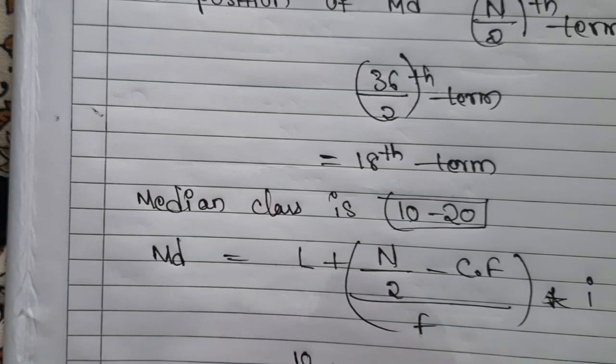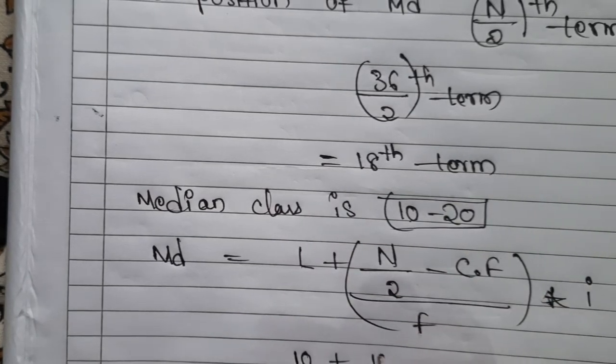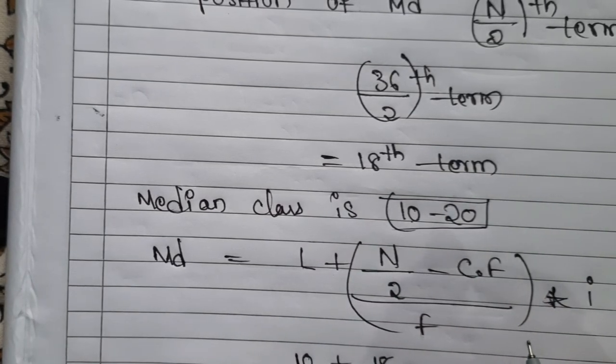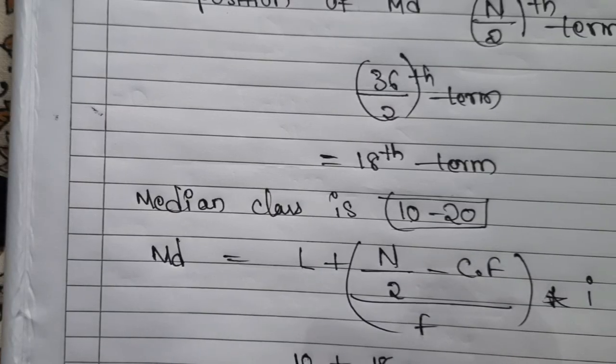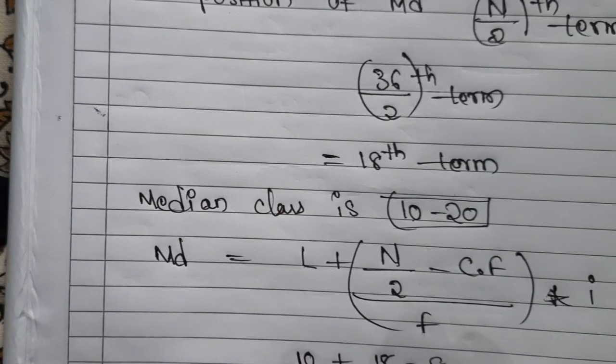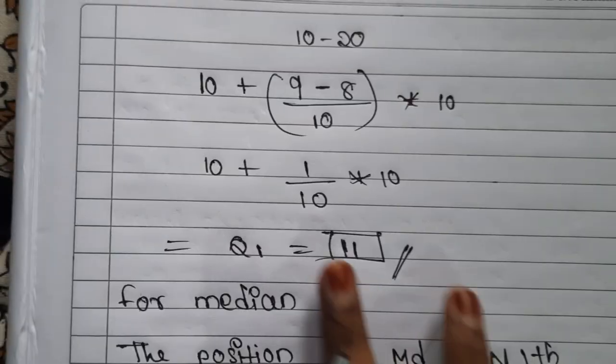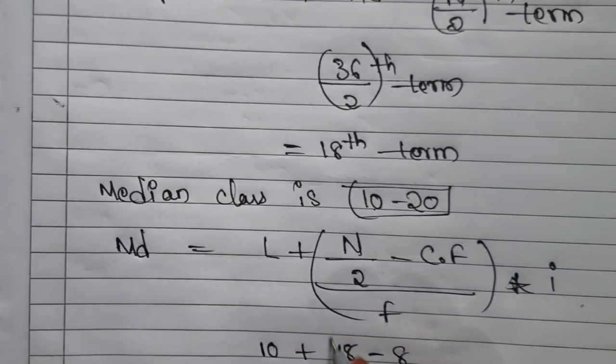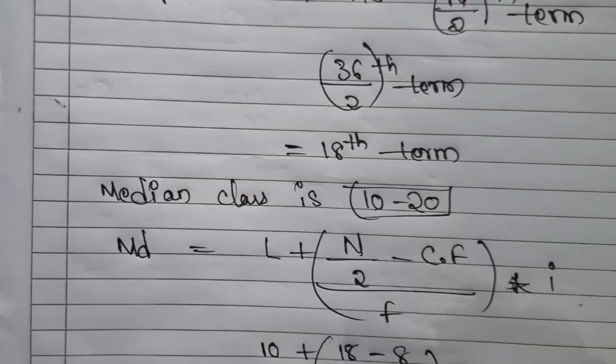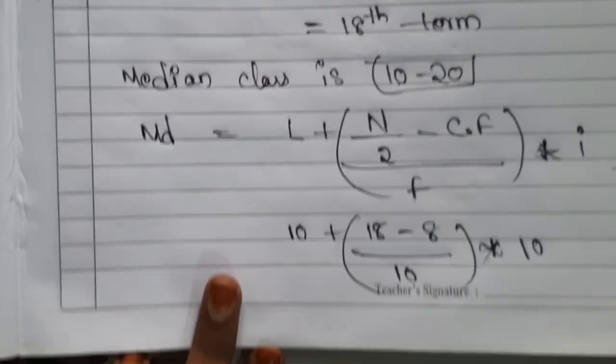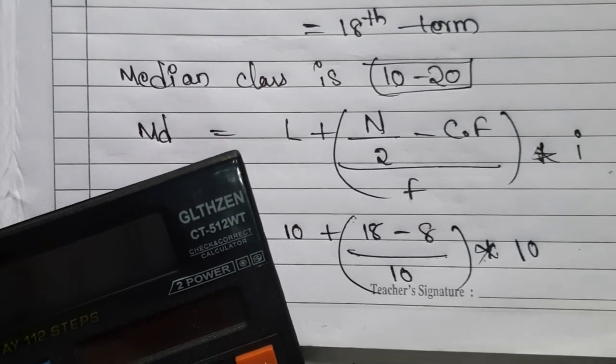Lower limit, it is 10, plus n by 2, it is 18, minus cumulative frequency, the above one we will be taking, it is 8. Frequency, how much it is? It is 10 only. Whatever we have taken here, and then we multiply it with 10.